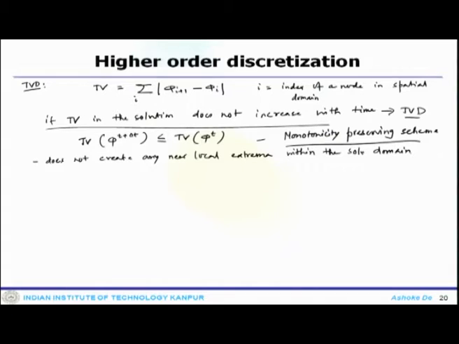That means in other words one can say that the value of a local minimum is non decreasing and the value of a local maximum is non increasing.